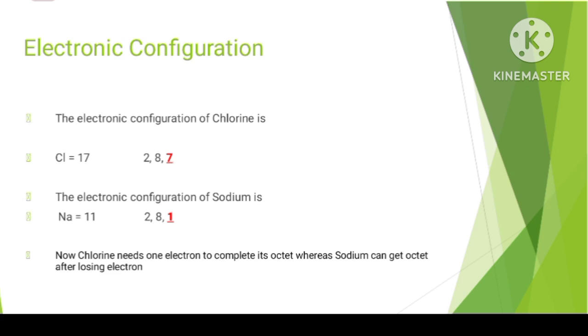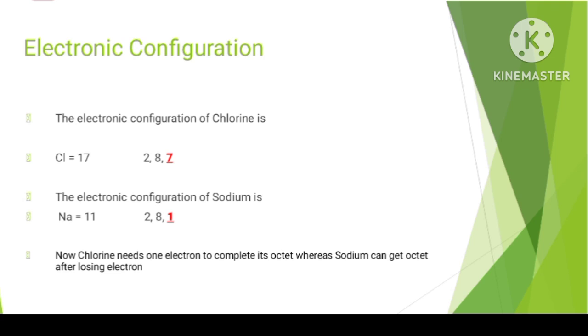And the electronic configuration of sodium is 2 8 1. As you know, the atomic number of sodium is 11, so its configuration will be 2 8 1. If you want me to make a video on electronic configuration also, please mention it in the comments. I have highlighted 1 here also, to explain that 1 is the number of electrons in the valence shell of sodium. Now if chlorine gets 1 electron, the octet would be completed.